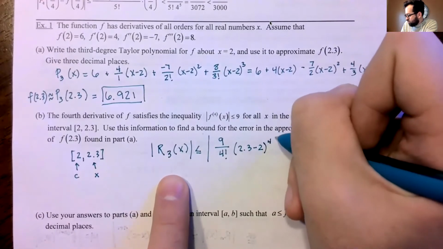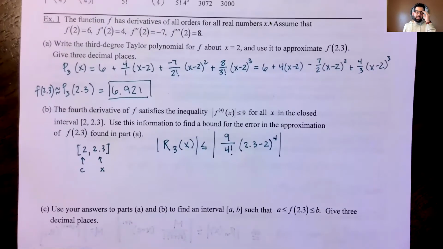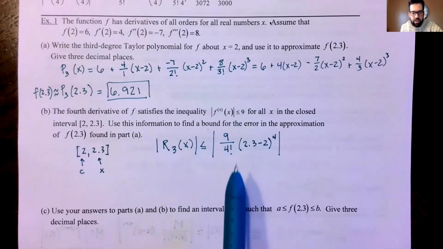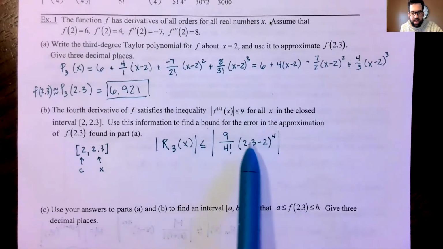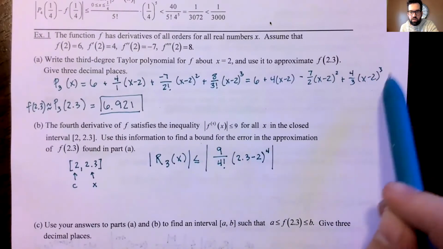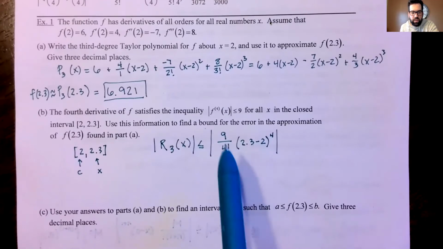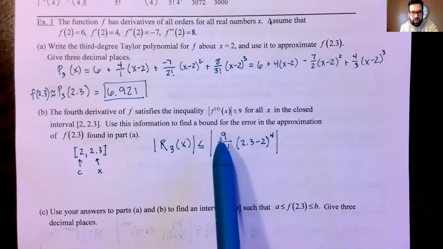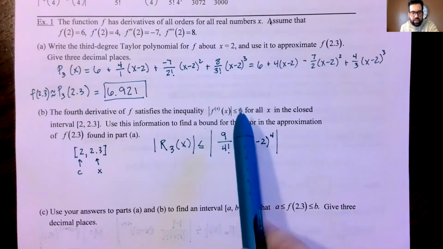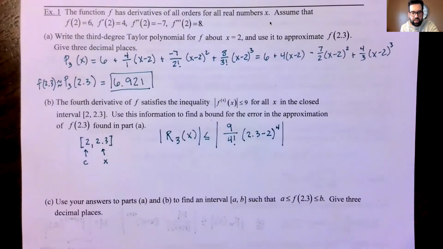So we've just constructed the maximum of the next term in the sequence. So we have the 4 factorial, the x minus c to the fourth, right? That's as if we're constructing the next term in this series. We know the maximum of this derivative, which happens to be the fourth derivative, is a 9. So we're going to plug that in on top.